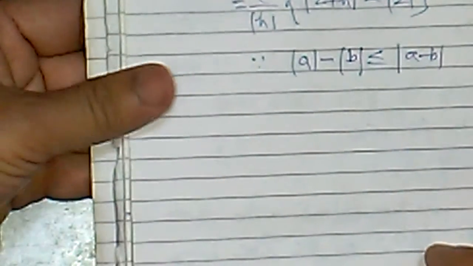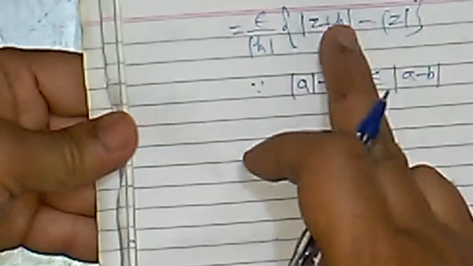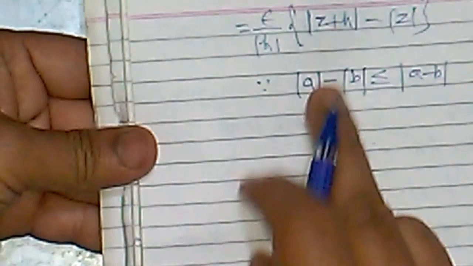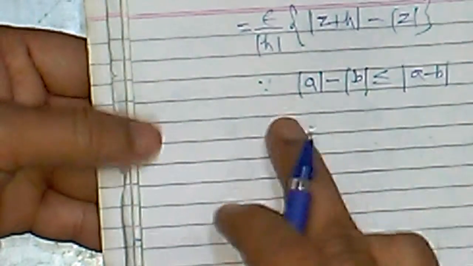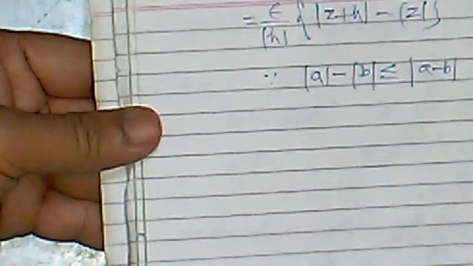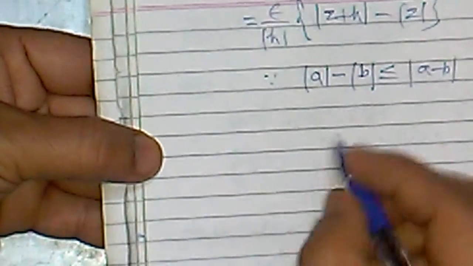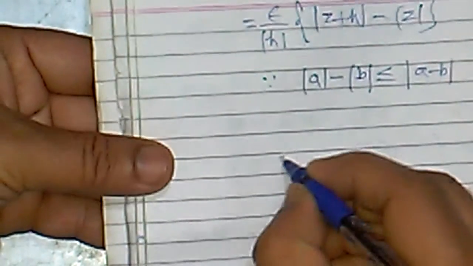This also holds for complex numbers, because here these are two complex numbers, so we can apply this theorem. The left hand side is less than or equal to this value.